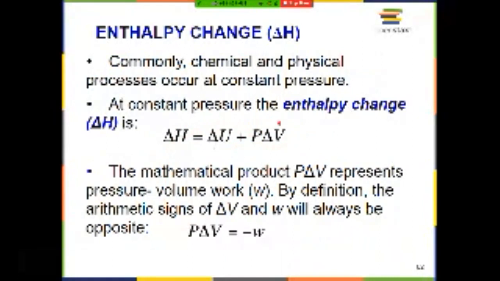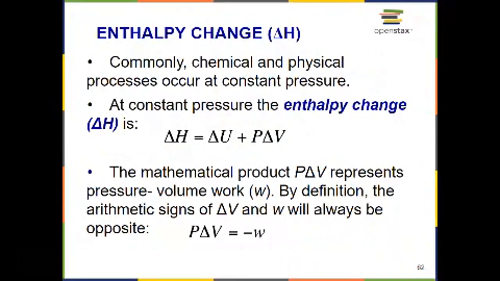But the nice thing is, if we are doing a reaction on the benchtop, for example, this reaction is going to occur at a constant pressure. The atmospheric pressure in the lab is not going to change appreciably. So we can think about the fact that this is going to be relatively constant.